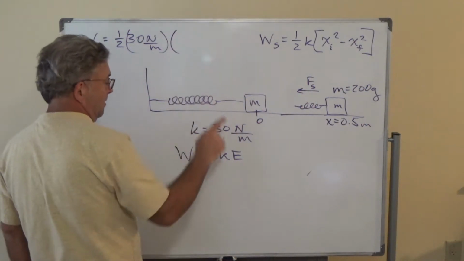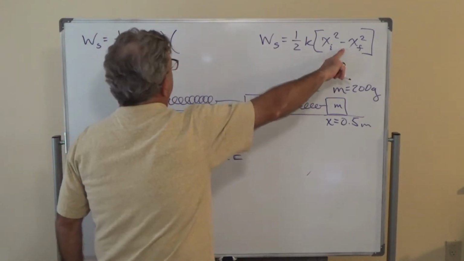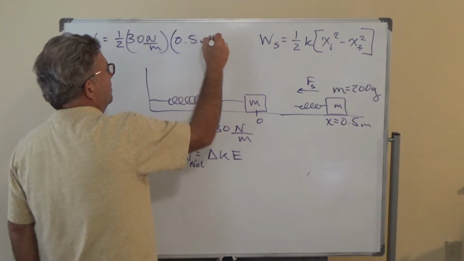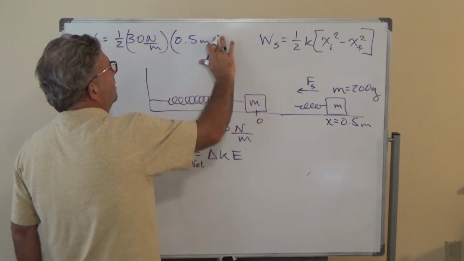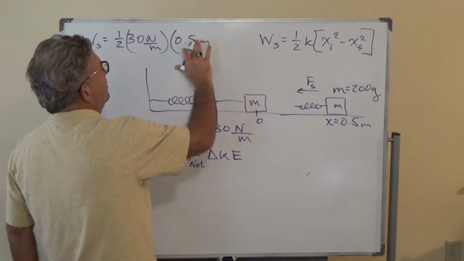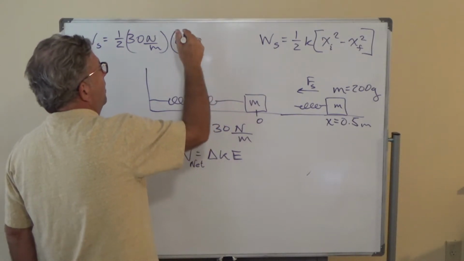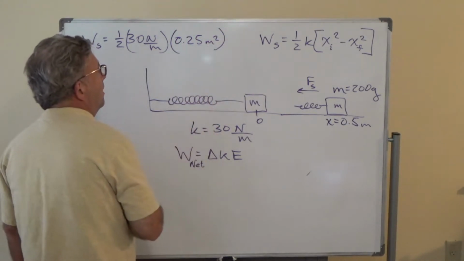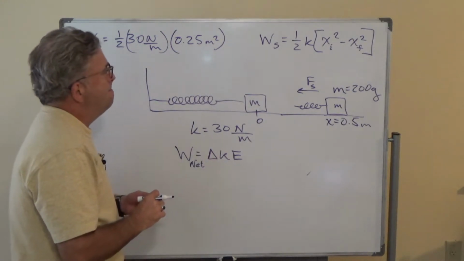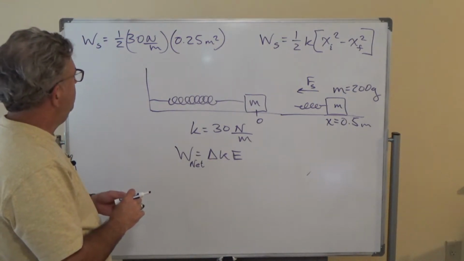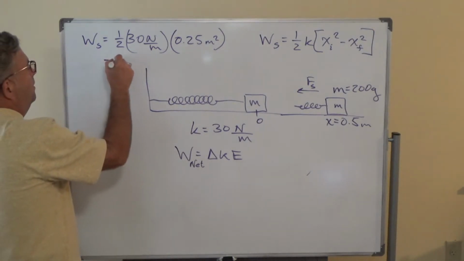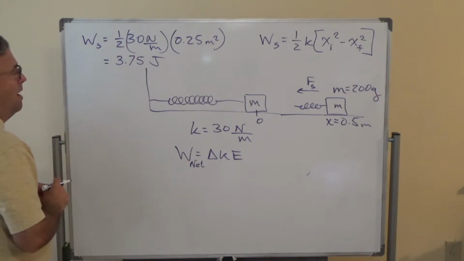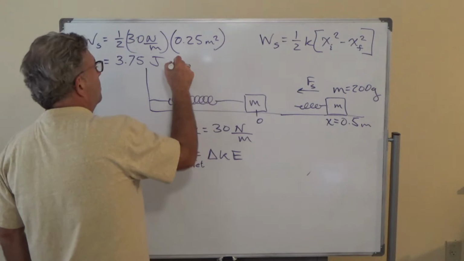So instead of the negative, you get a positive 0.5. I'm sorry, this should have been 0.25, the way I wrote it before. So this is equal to 3.75 joules. That's the work done by the spring.